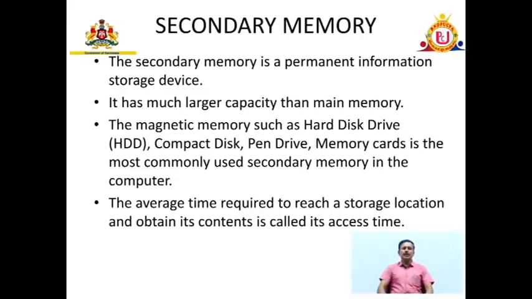These secondary storage devices are capable of storing large amounts of data, especially hard disks. Mainly the secondary memory devices are classified into two categories. One is magnetic media, another one is optical media. In magnetic media, we find floppy disks, hard disks, magnetic tapes and so on.